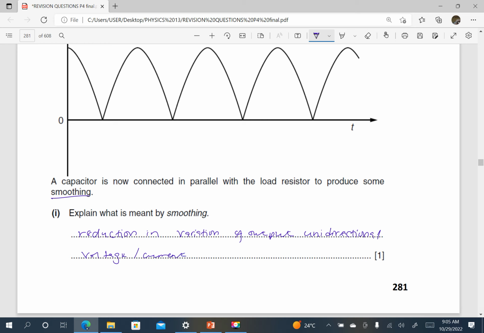To be precise, you can simply say current or voltage does not fall to 0. That is smoothing. Current or voltage does not go to zero, does not fall to zero.